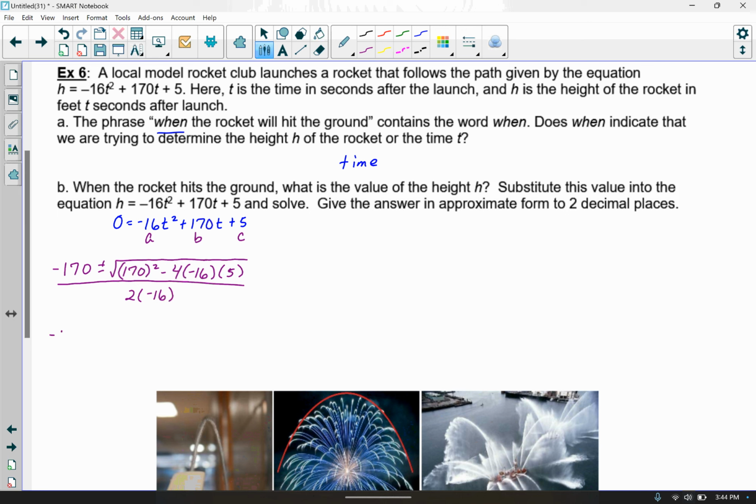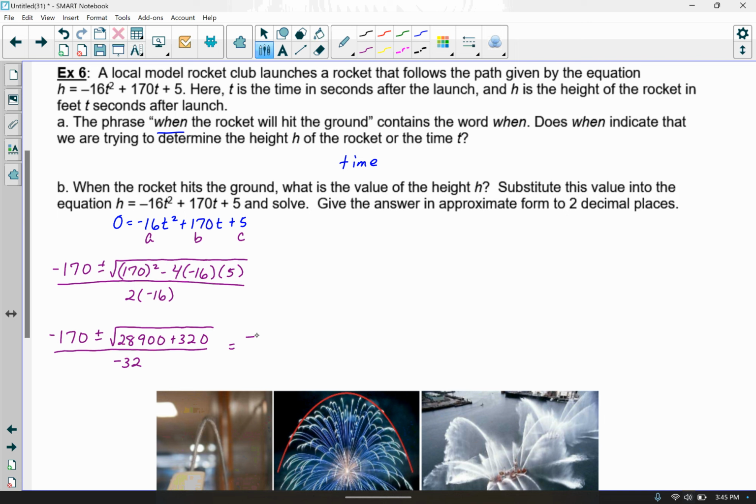So that gives me negative 170 plus or minus the square root. That 170 squared should give you 28,900. And then 4 times 16 times 5 should give you 320. And that'd be positive, because a negative times a negative is a positive times 5. So that should give you 320. All over on the bottom, a negative 32.